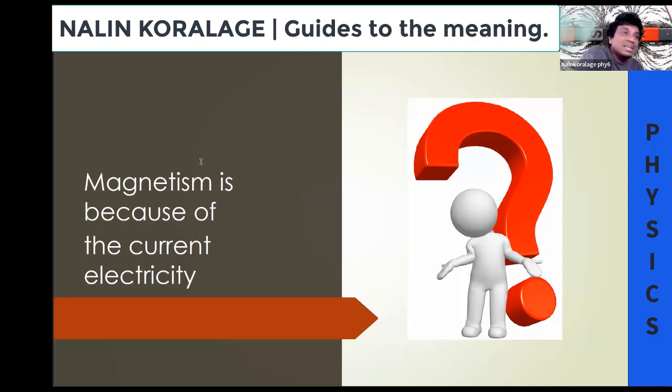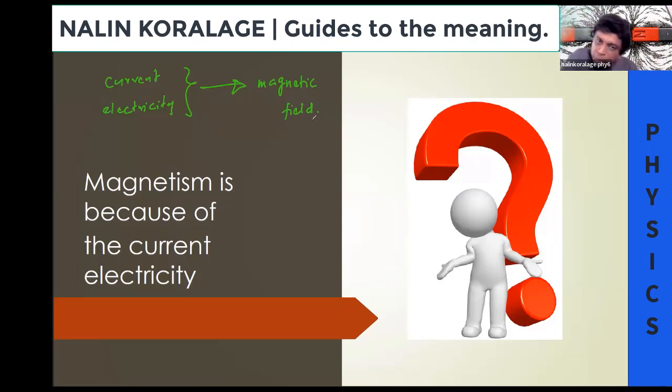So we can get a key idea like this: electric current, or we can say current electricity, is the guy who is responsible for what? Magnetism, right? It is the one which is going to generate a magnetic field. Is that so? Yeah. So we accepted this fact, and we developed our concepts on that, right?